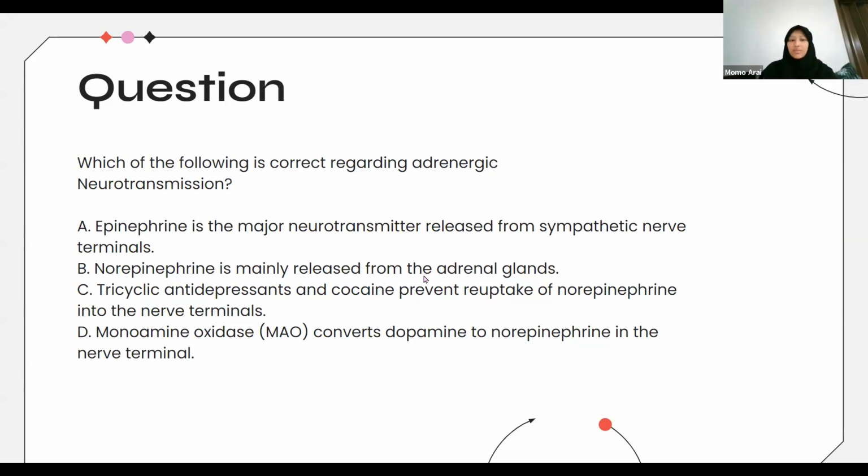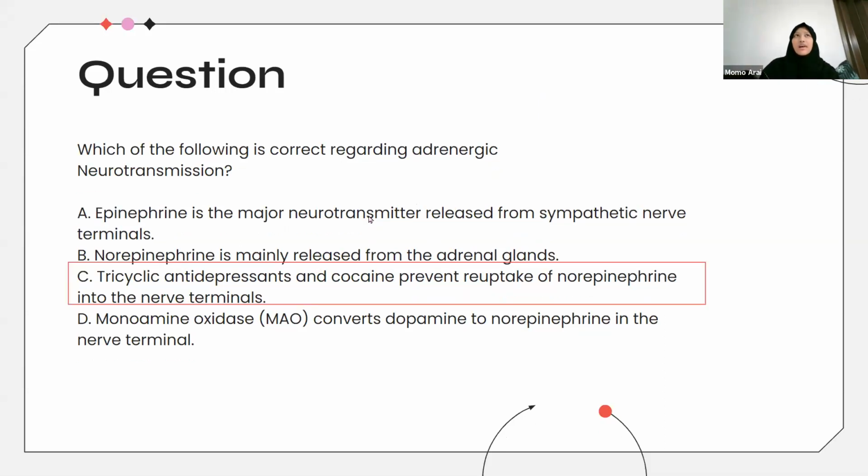It's part of the sympathetic neurotransmission, but from adrenal glands, mostly it's epinephrine, if I'm not wrong. So C: tricyclic antidepressants and cocaine prevent reuptake of norepinephrine into the nerve terminals. C is right, so C is the answer.